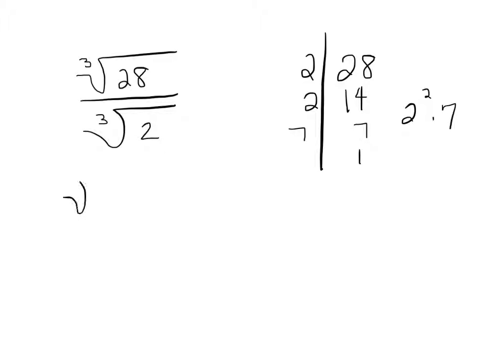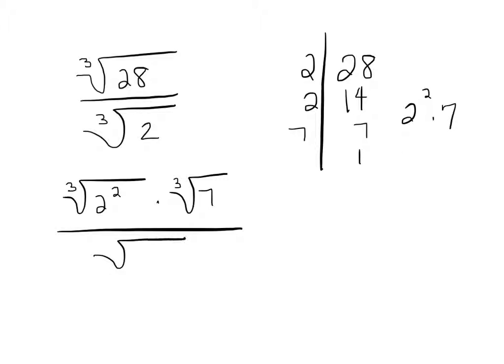So this is the cube root of 2 squared times the cube root of 7 over the cube root of 2. So now I'm going to rewrite these as rational exponents. So 2 to the 2/3 times 7 to the 1/3 over 2 to the 1/3.